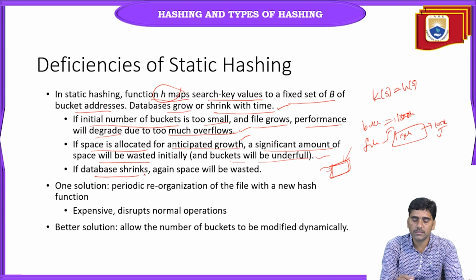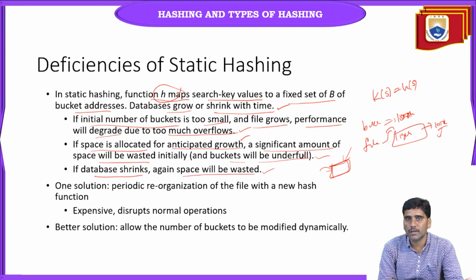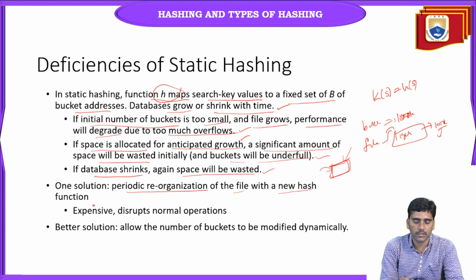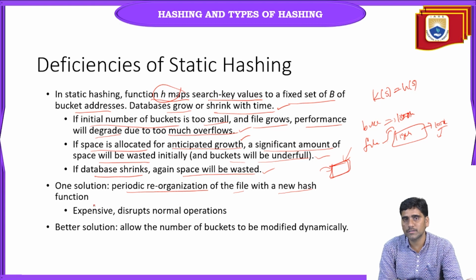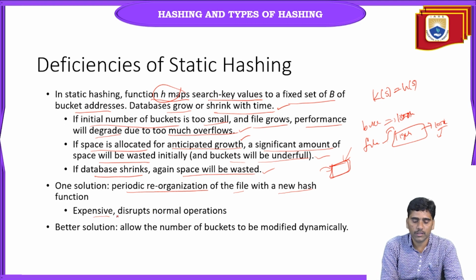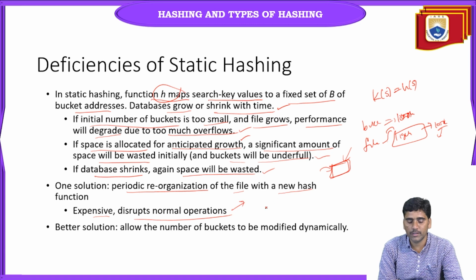If the database shrinks, again space will be wasted. One solution is periodic reorganization of the file with a new hash function, but it is expensive and disrupts normal operations.